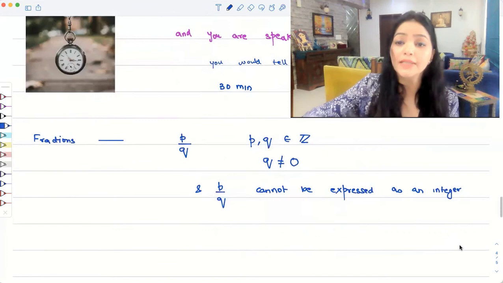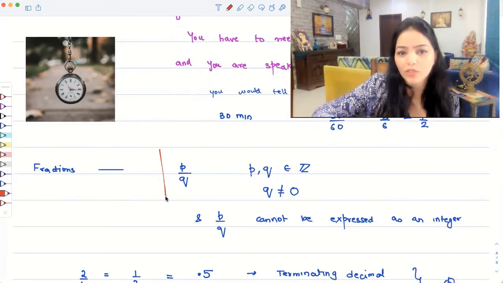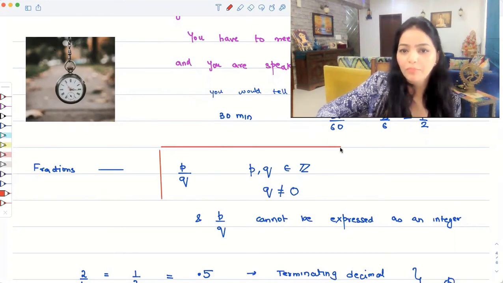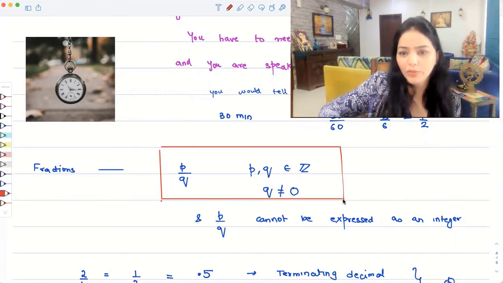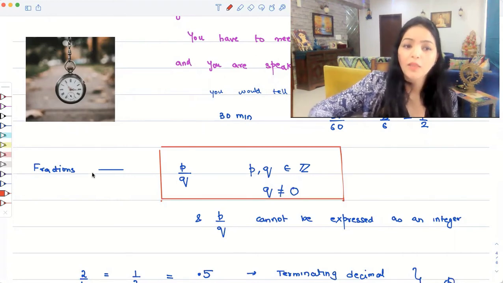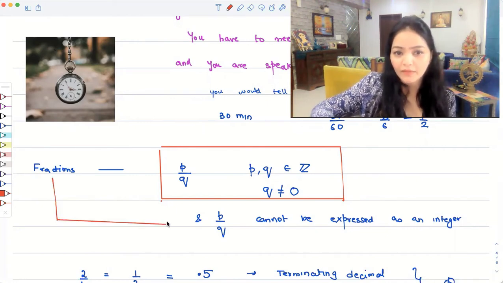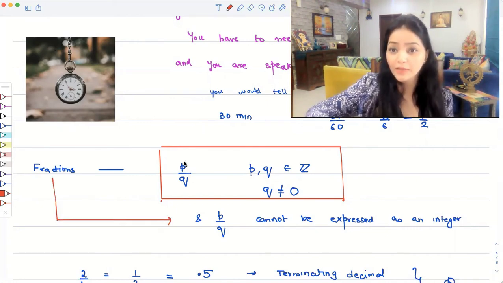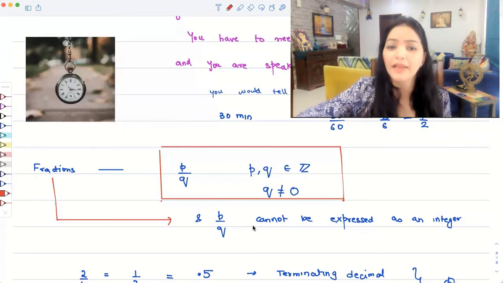It will become a decimal value. So a rational number is any number which is written in the form p by q, where p and q are integers and q should not be equal to 0. When we are talking only about fractions, then it has to be p by q, and we are not able to express it as an integer. Then that is a fraction.